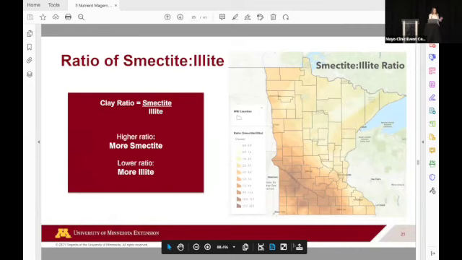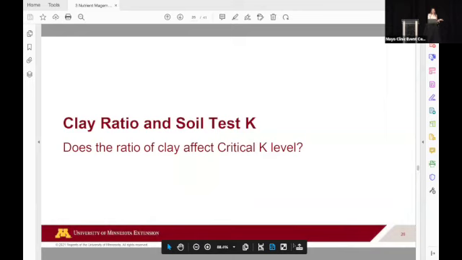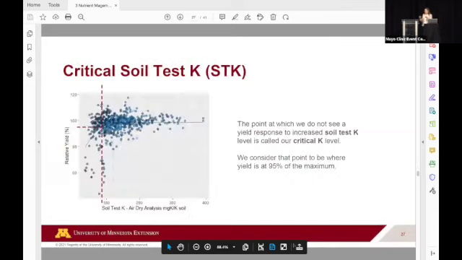So how does this clay ratio really impact our soil test K, and how do these clay species impact our critical soil test level? Just to reiterate what I'm talking about with soil test K: the critical level is the point at which we don't see an increase in yield with a higher soil test level.